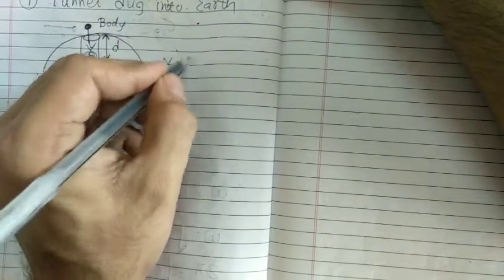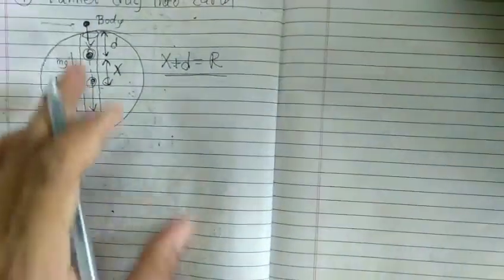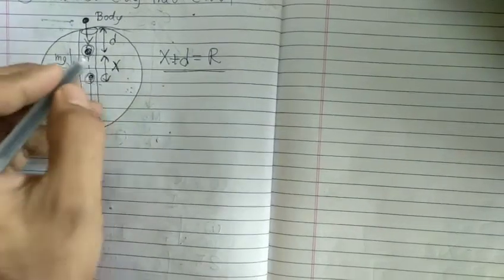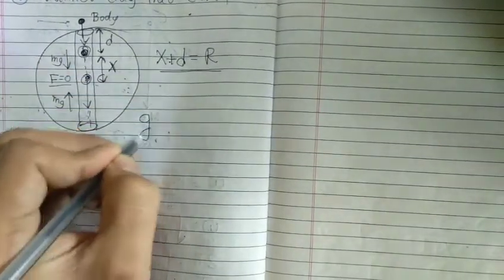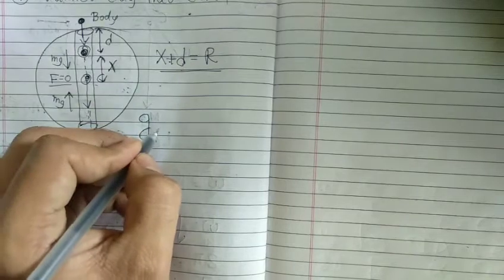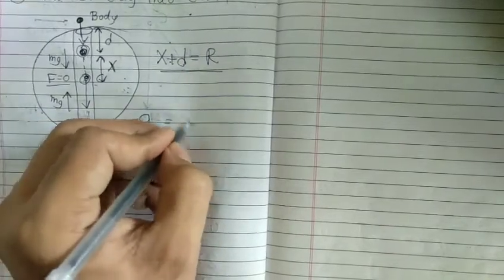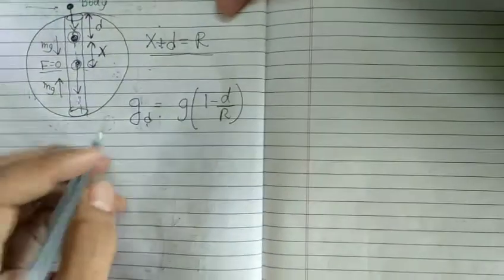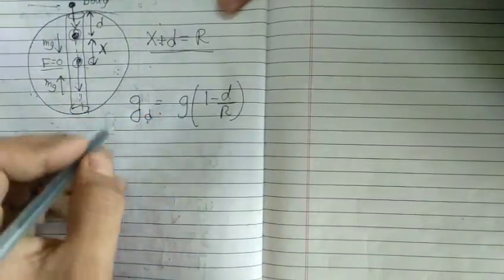You can understand that x plus d is equal to the radius of earth. Now at depth d, the acceleration due to gravity is given by g(1 minus d by R), which you know already, right? Now multiply both sides by small m.